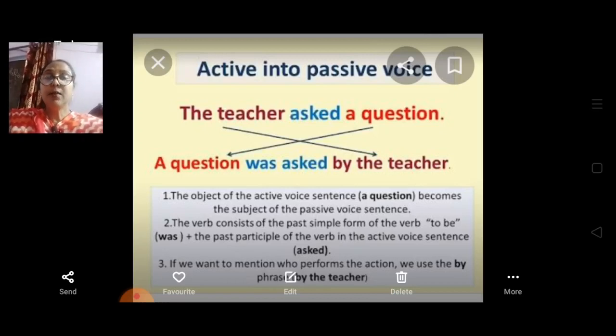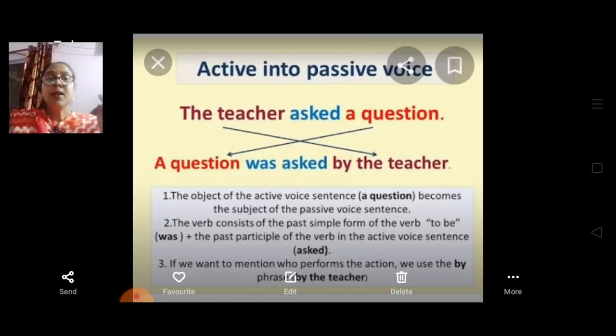Why are we writing was asked? Because the active voice sentence is in the simple past tense: the teacher asked a question. In the passive voice we change it to: a question was asked by the teacher. So always keep this in your mind. The subject of the active voice sentence, a question, becomes the subject of the passive voice sentence.